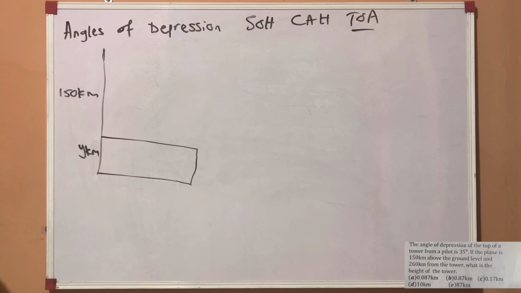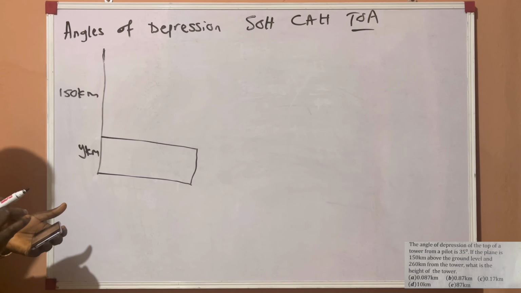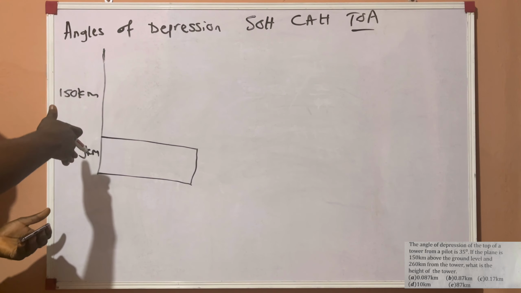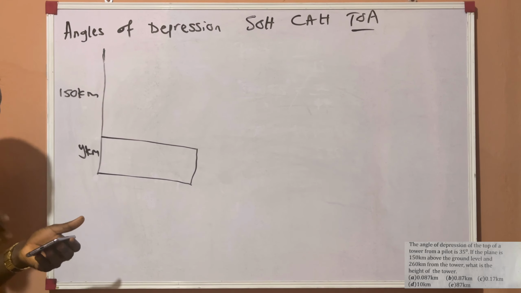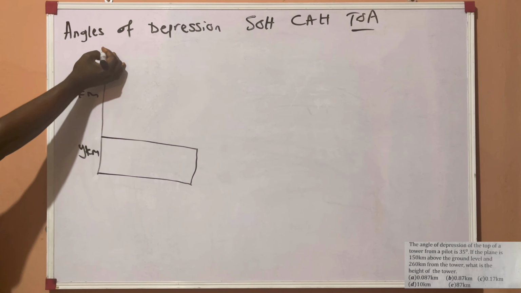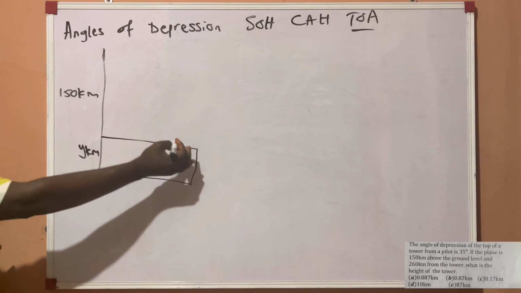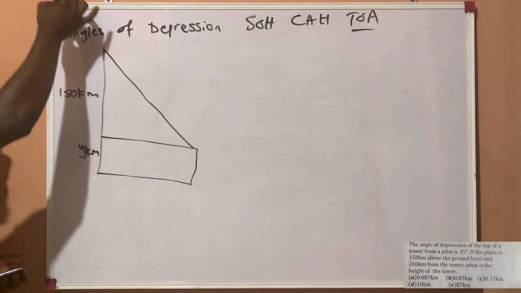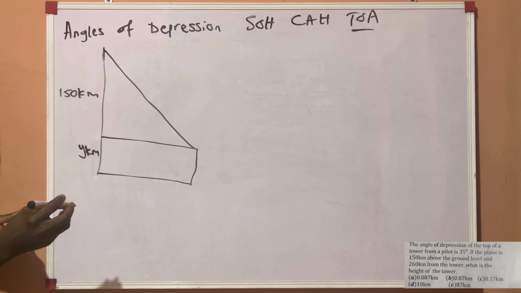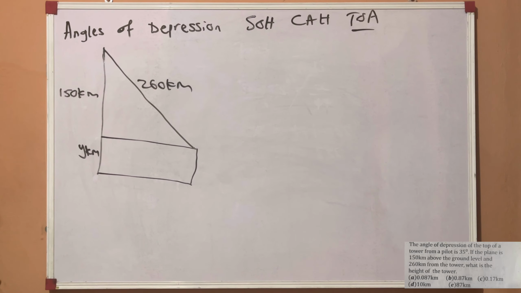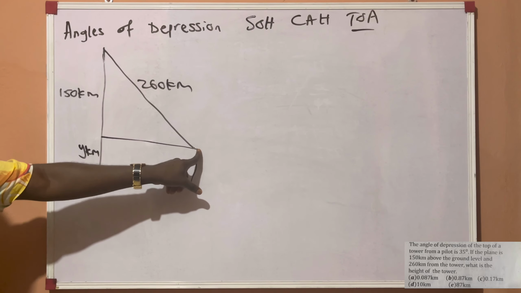Now, if we want to do that, let us see what we're going to get. We were also told that the plane is 150 kilometers above the ground level and 260 kilometers from the tower. This is where the plane is, on top. Now, 260 kilometers from the tower simply refers to the hypotenuse, 260 kilometers, because this is the tower.